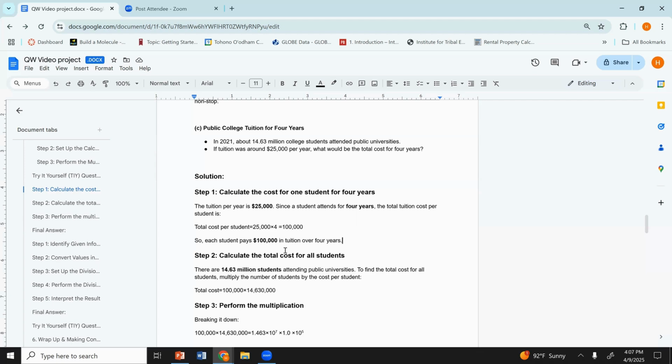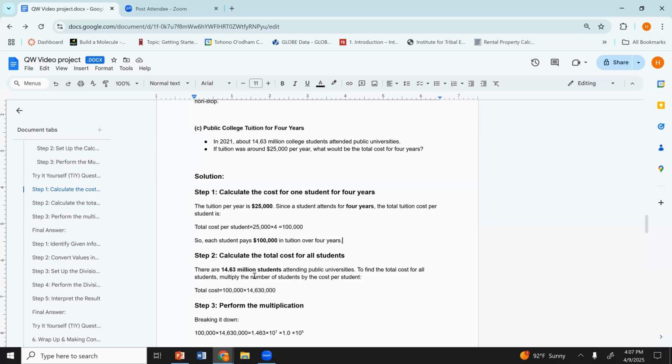So now that we know how much it costs per student, we can do some calculation to figure out how much it would cost for the entire 14.63 million people. So we're going to say 100,000, which is the cost for one student to attend public university for 4 years, times 14,630,000.